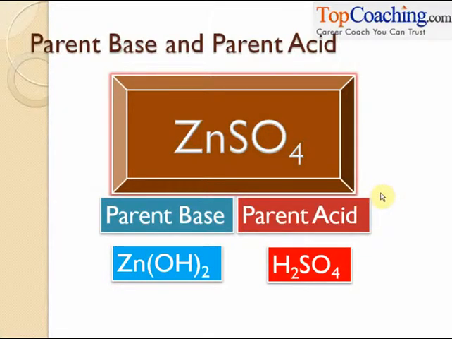So you just have to look at the first part of the salt and say which base has this metal in it. You have to look at the second part of the salt and say which acid has this particular ion in it, and there you go, you've got the parent base and the parent acid.